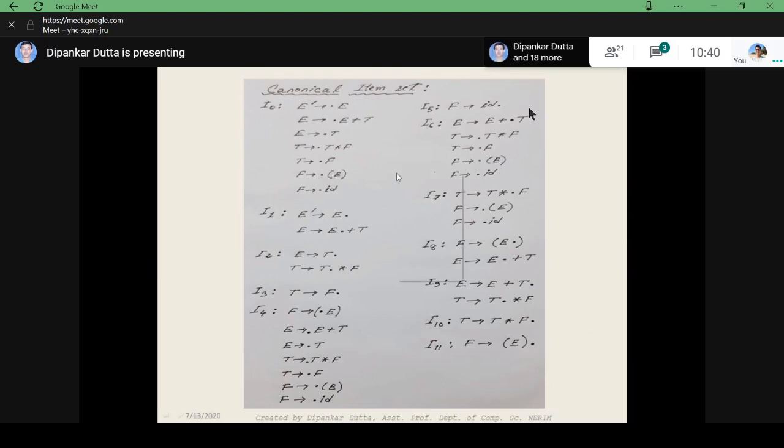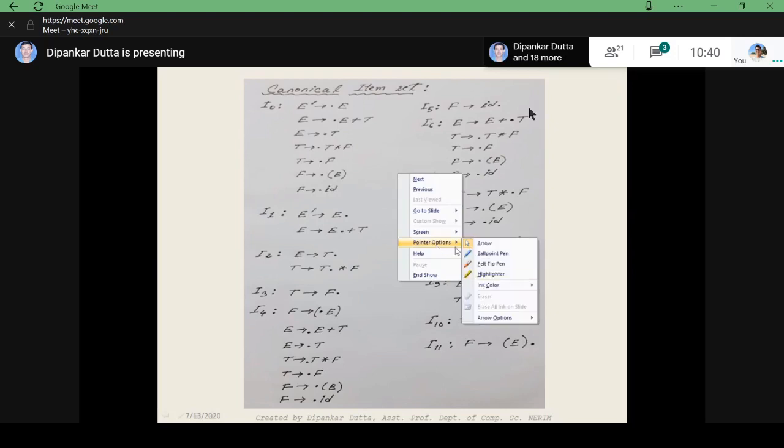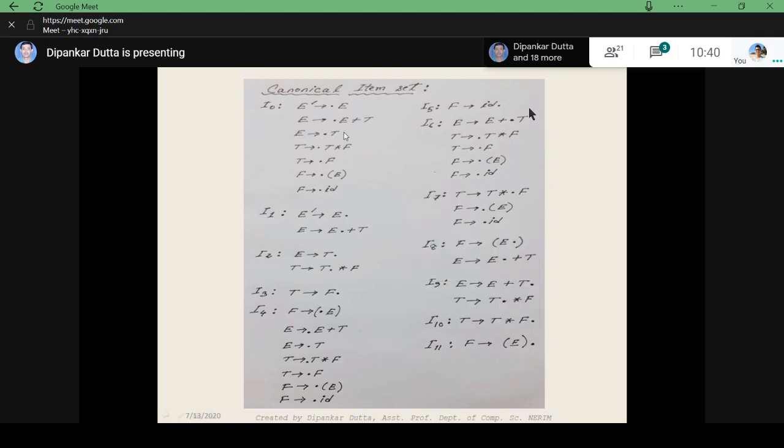Lots of cases are there where the dot is followed by non-terminals, like here, here, here. These are examples of dot followed by a non-terminal.